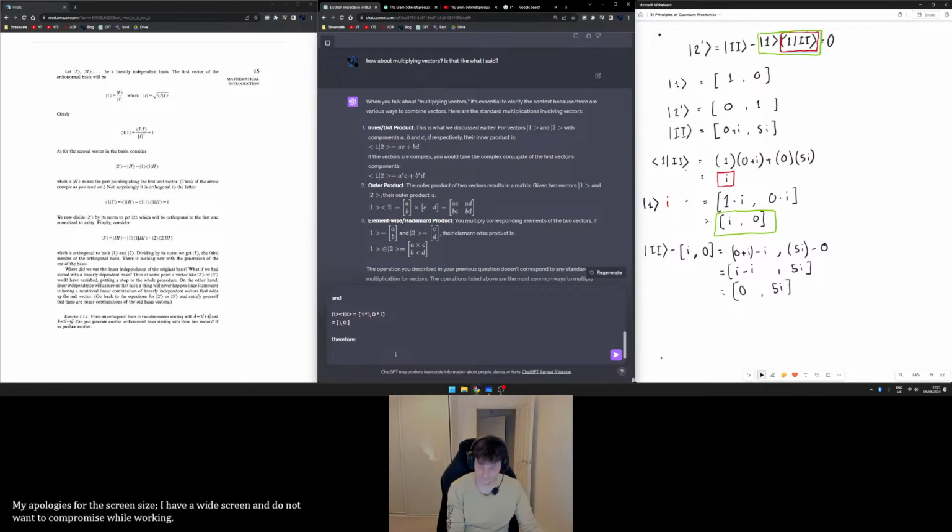Therefore, I minus I 0 is equal to 0 plus I minus I, and then 5I minus 0 is equal to I minus I, 5I, which is equal to 0, 5I. I must have gone wrong somewhere.